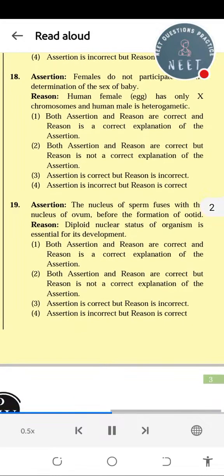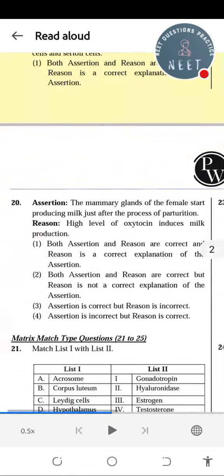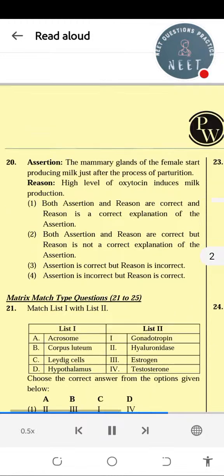Assertion is incorrect, but reason is correct. 20. Assertion: The mammary glands of the female start producing milk just after the process of parturition. Reason: High level of oxytocin induces milk production.